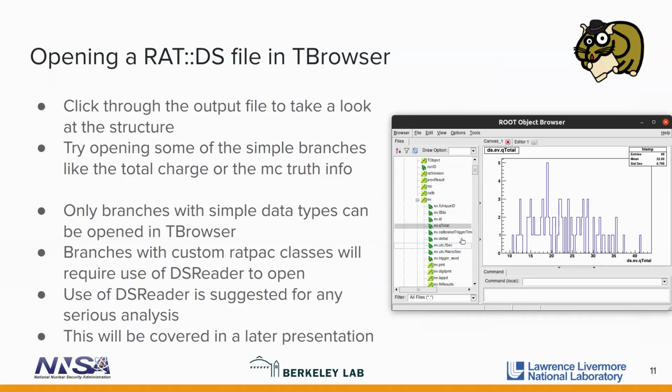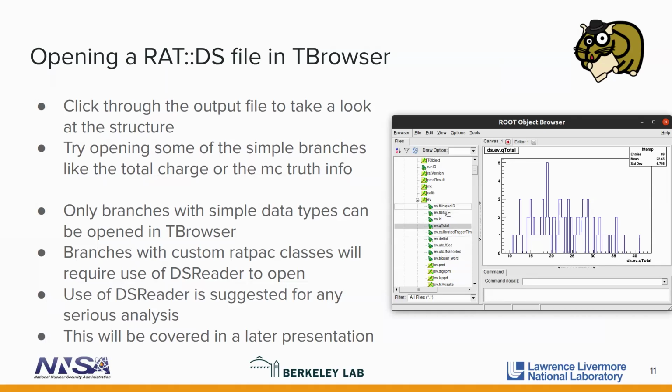And if you click around, you might see that only certain branches are able to be opened, because you can only open things with simple data types in your TBrowser. For branches with custom classes, you'll need the DS reader, which will also be required for any sort of more serious analysis.